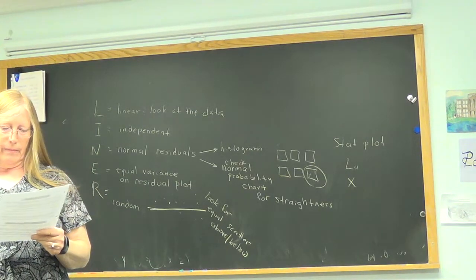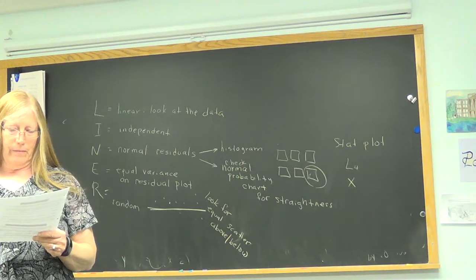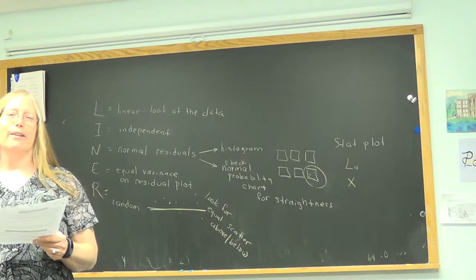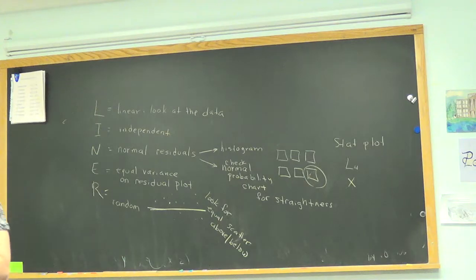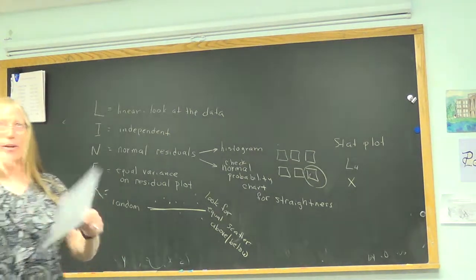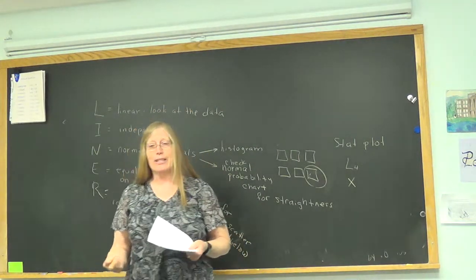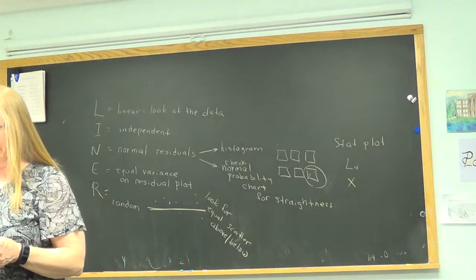Check to see that the residuals center on the residual equals 0 line at each x value in the residual plot. Okay, so it gets complex when you use the residual plot. Just look at the data. If it's flowing from low to high or from high to low in some linear amount, call it linear.